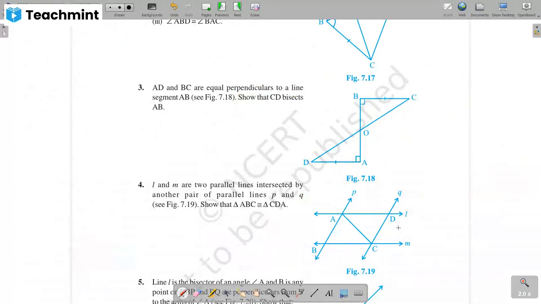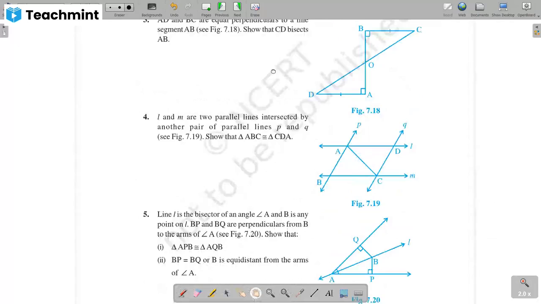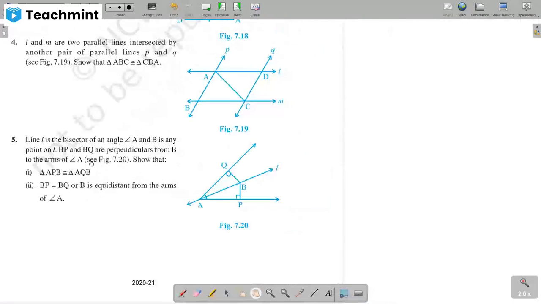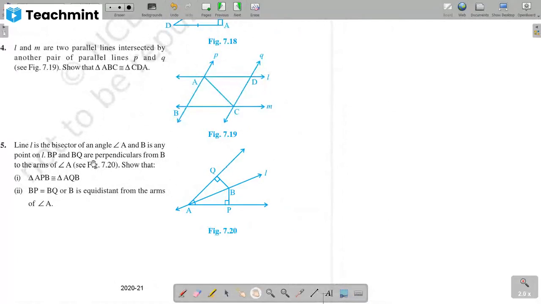So now the next question is question number 5. Line L is the bisector of angle A and B is any point on L. Here also this question is very important because generally we don't give a figure in the exam.